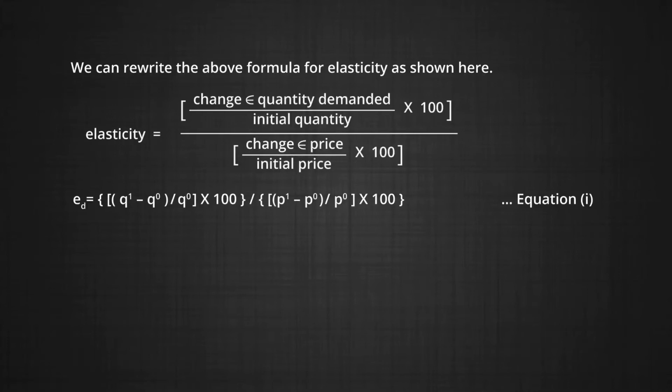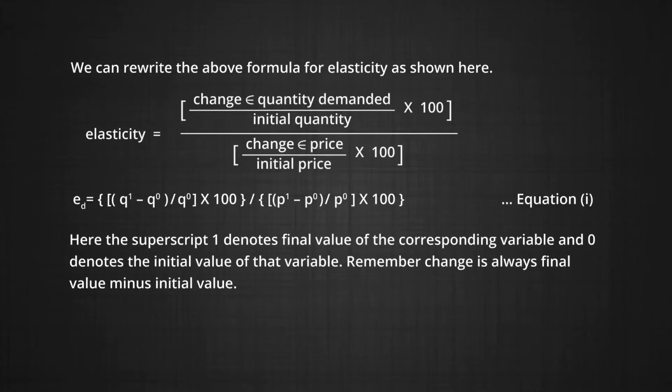The numerator on the right hand side of this equation is nothing but the percentage change in quantity demanded. The denominator is the percentage change in price. The subscript 1 denotes the final value of the corresponding variable, and the subscript 0 denotes the initial value of that variable.